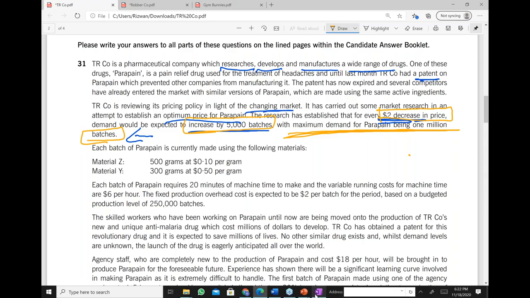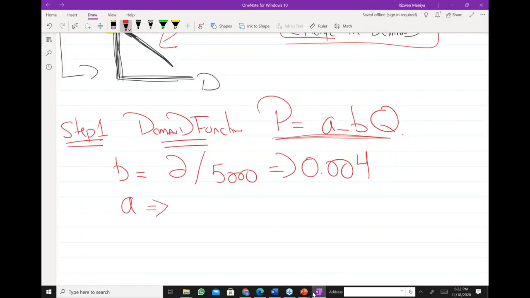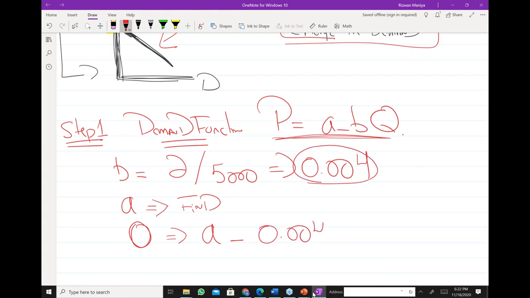Now, if I want my answer to be 0, I'll keep 0 equal to A, which is what I need to find, minus the gradient 0.004, and the maximum batch quantity given to me is 1 million.